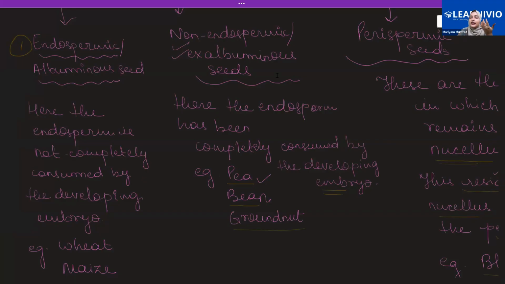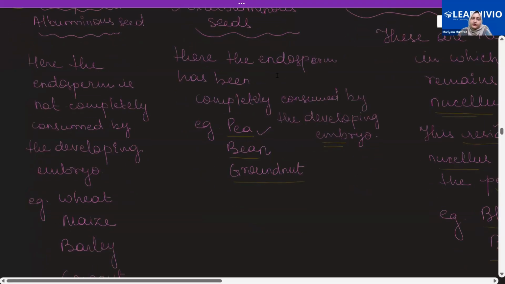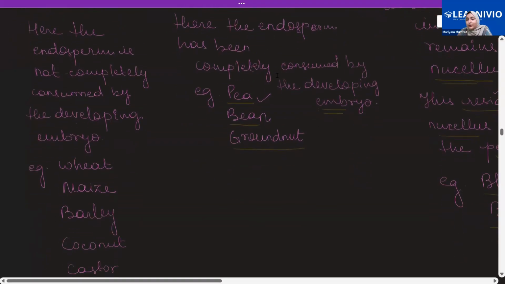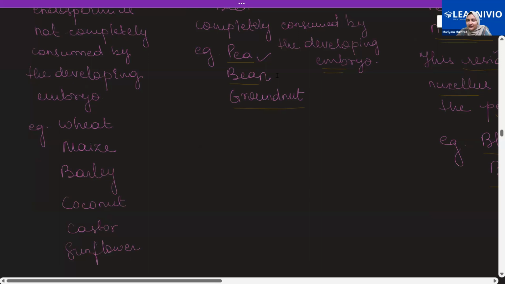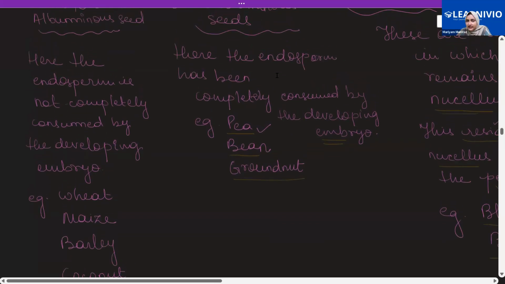The other name for the endospermic seed is albuminous seed. While the embryo is developing, it does not consume the entire endosperm. Rather, some is left behind, such as in wheat, maize, barley, coconut, castor, and even sunflower.